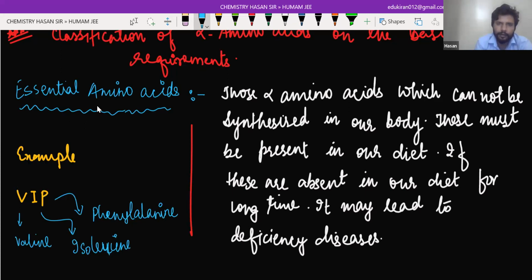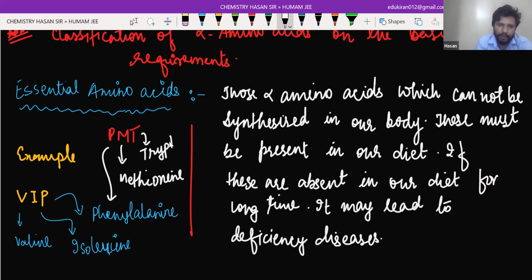I can write another one, PMT. P is the same, phenylalanine. M is methionine, and T is tryptophan. These are all essential amino acids which we need to take in our diet.